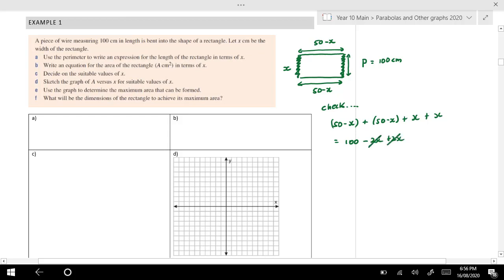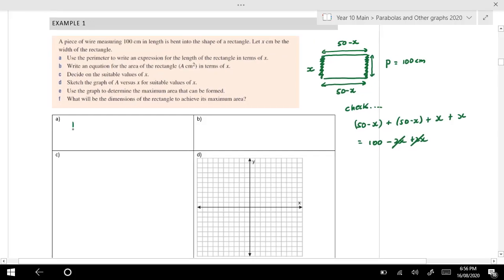That's going to be our perimeter. So for the length of the rectangle in terms of x, I've just shown you that the length is equal to 50 take away x, which is this here.